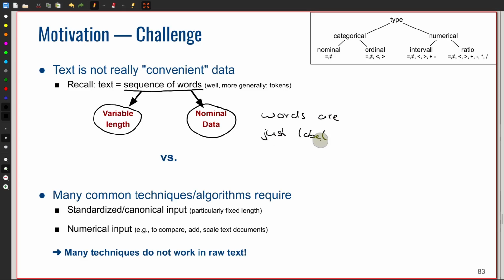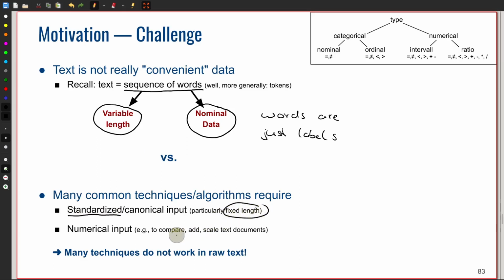So we can say if two words are the same or not, but it doesn't really make sense to add or subtract words or multiply words. And the problem here is that most common techniques or algorithms have two requirements. They require some kind of standardized input, which particularly means that the input is of fixed length.